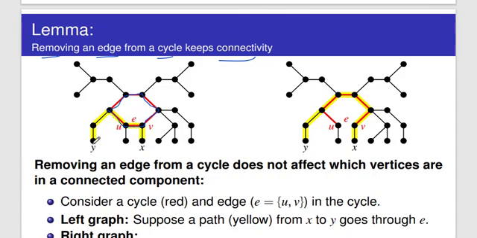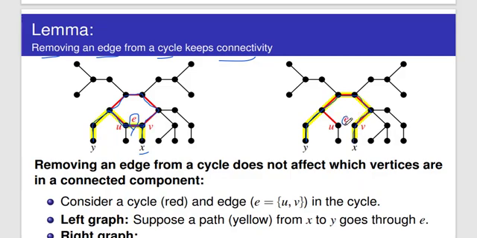Now if we want to move from y to vertex x, there is a path like this. Now let's remove this edge from the cycle. Now if we want to go from y to x, we can make a path like this also.